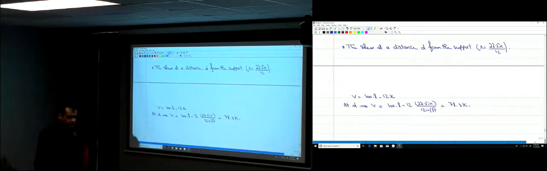How much was the shear at a distance d from the support in example 8.3? Definitely it was a smaller value, 73.8. So it's smaller than 78.3. Why is that? Because the slope of the line in the previous problem was steeper, right?